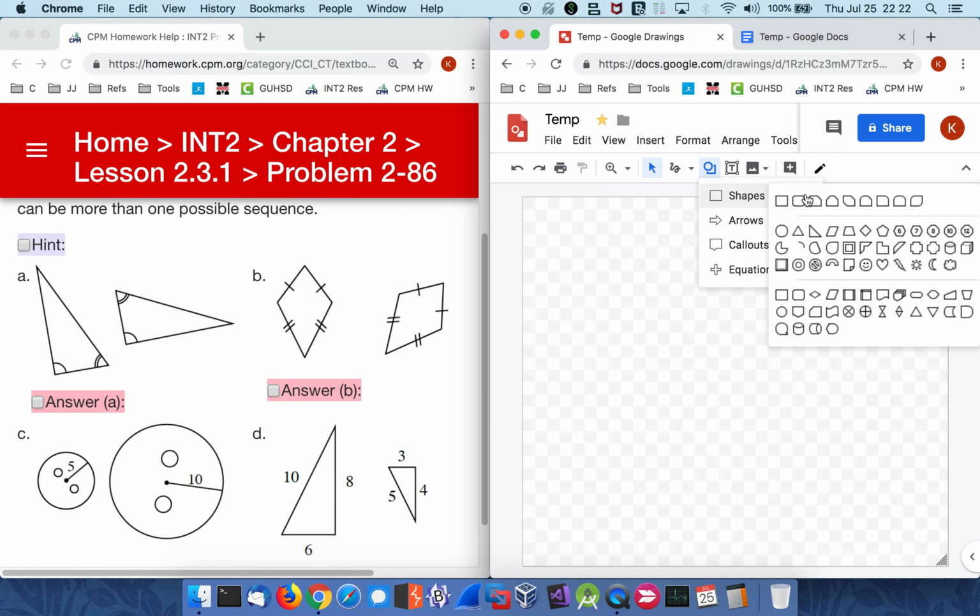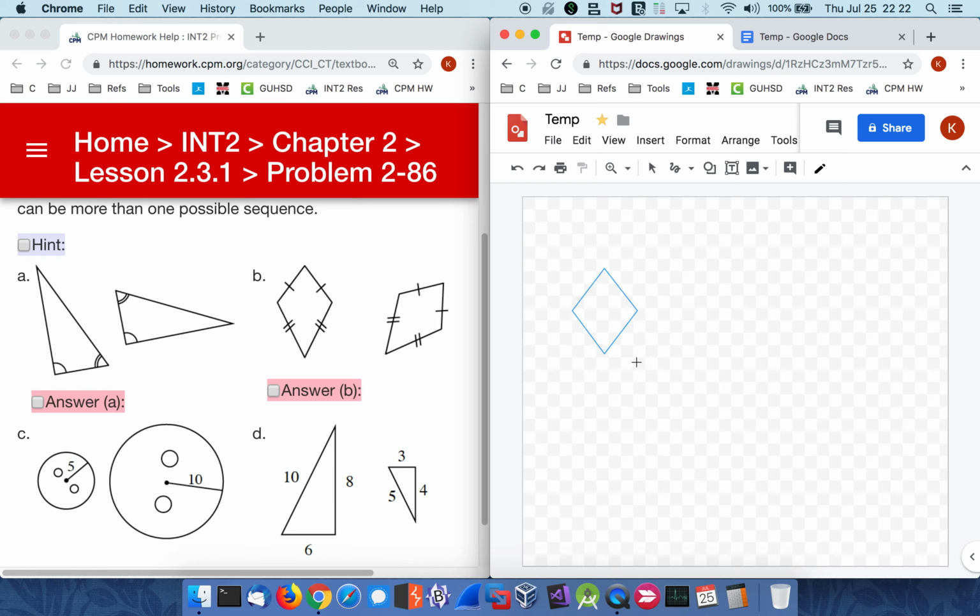So the next one is we've got these weird diamond shaped thingies. So one diamond here, and I wonder if it would be easier for me to start with this one and then rotate it until it looks like the other one. Actually, this one might just be rotation, right?